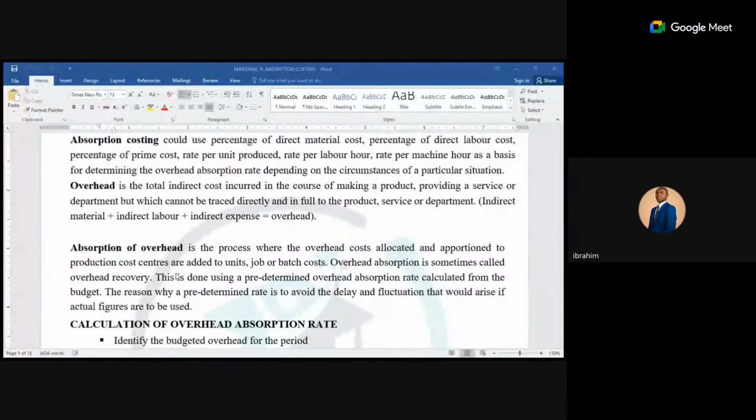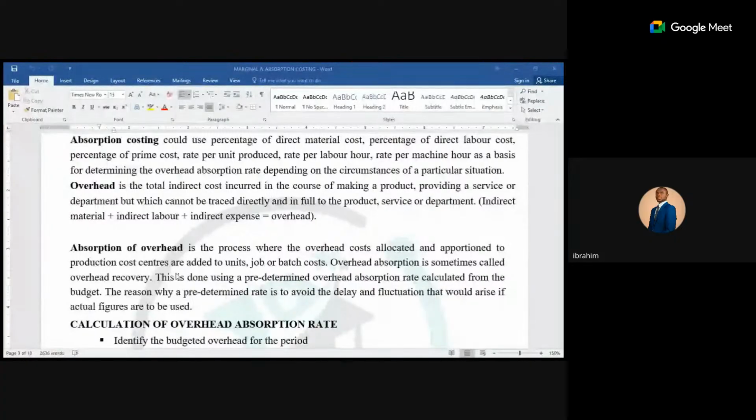You use it when you calculate overhead absorption.